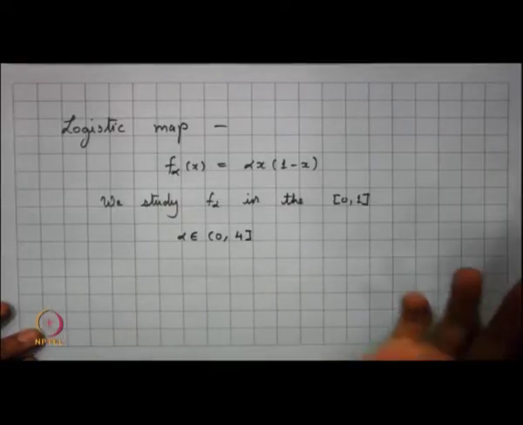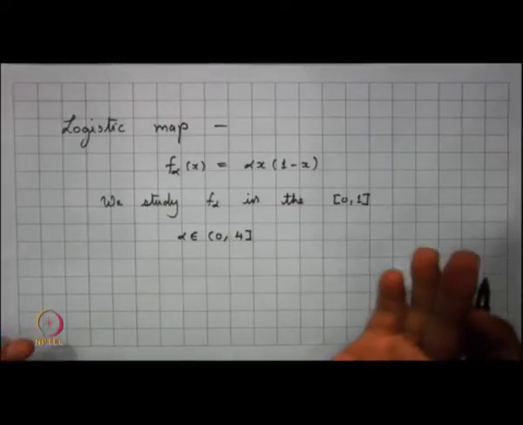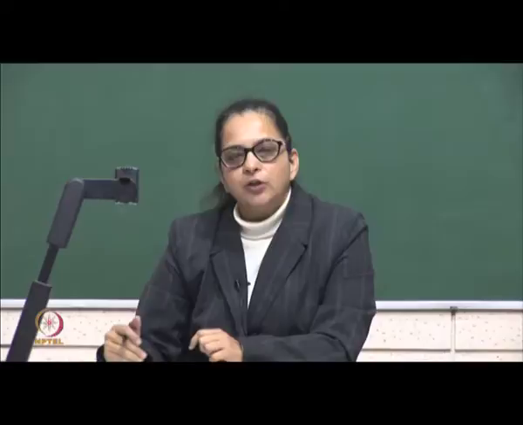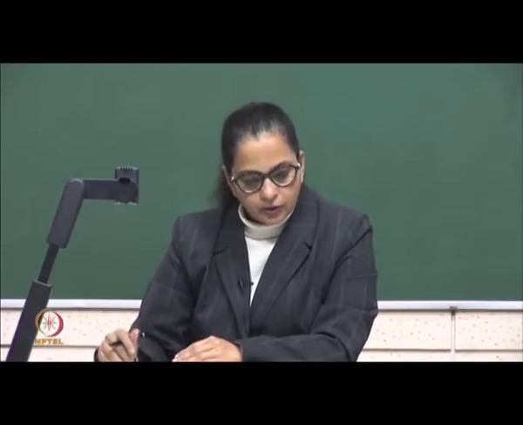Of course, what happens beyond 4 is something which you can easily analyze, but to start with we will study this for the constant of proportion from 0 to 4. So, what are we essentially studying here?